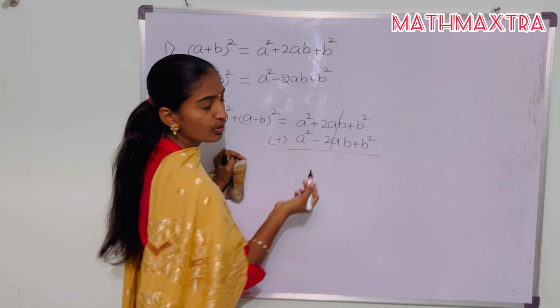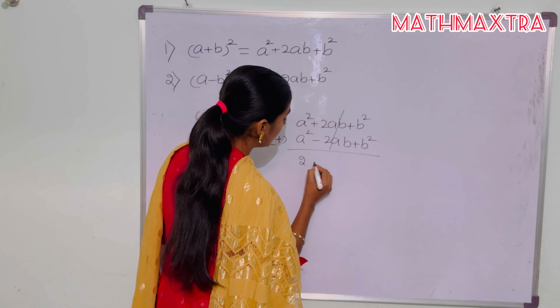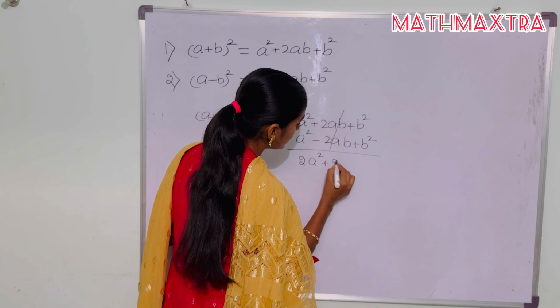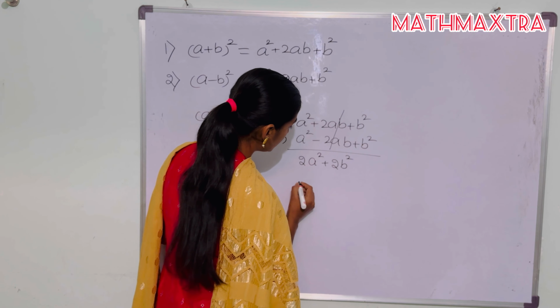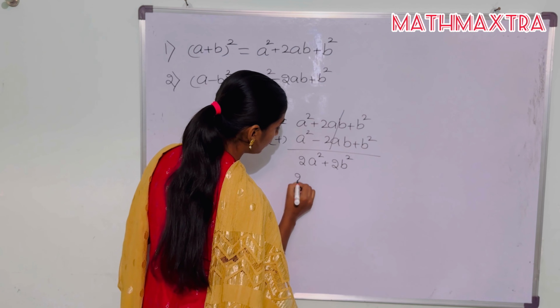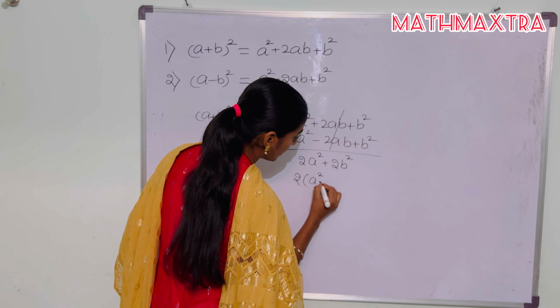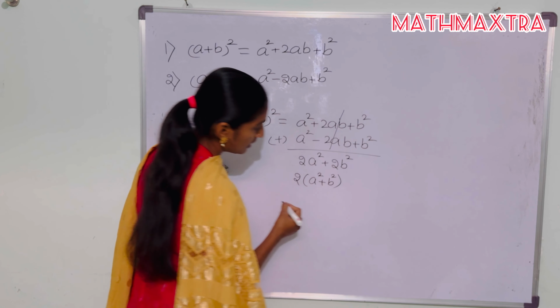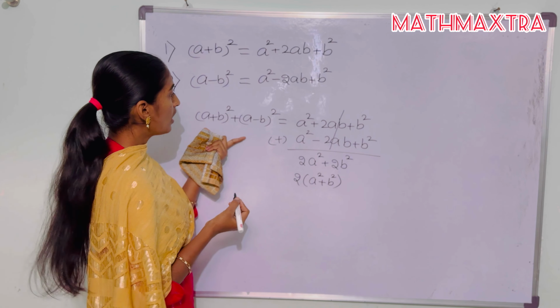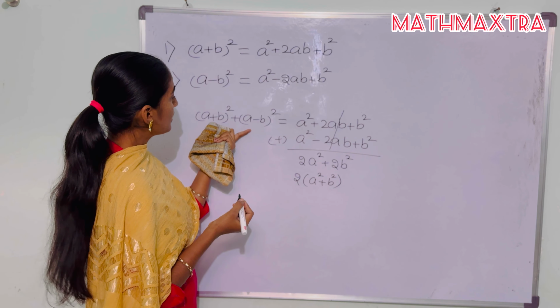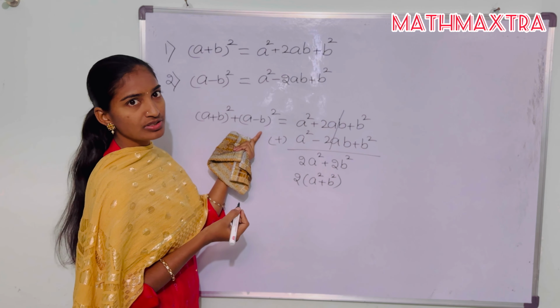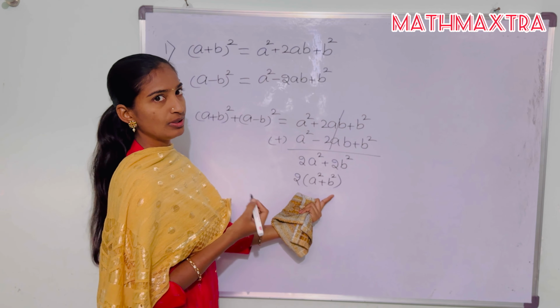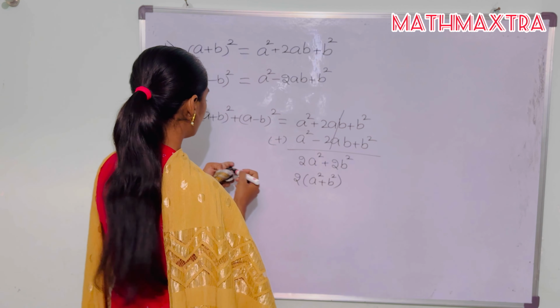If you cancel 2ab and minus 2ab, then 2a square plus 2b square, which is nothing but 2 into (a square plus b square), isn't it? So we can write (a + b) whole square plus (a - b) whole square is equal to simply 2 into (a square plus b square).